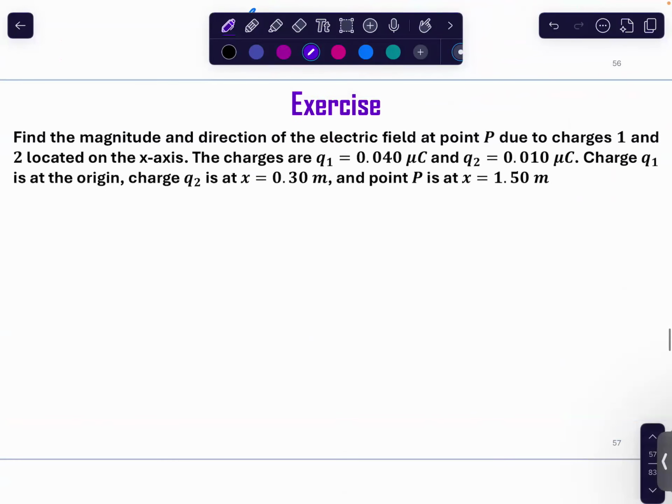All right. So let's try to find the magnitude and direction of the electric field at point P due to charges. I'll give you the figure here, so it will make more sense after that. Q1 will be 0.040 microcoulombs, Q2 is 0.010 microcoulombs. Charge Q1 is at the origin, oh, so you're supposed to be able to draw it from this. That's why I wrote it that way. Okay, so then point P is at x equals 1.5 meters. So what would this look like?